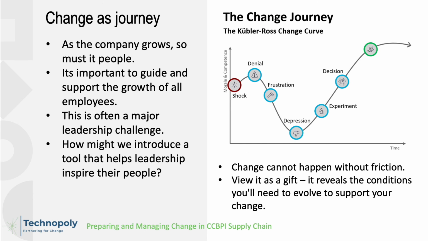Looking at the Kubler-Ross change curve, all changes go through a dip, as you all know. When you try to pursue a personal goal of even, say, reducing your weight, there will always be a point where you want to give up. All change is the same. Everything starts with a denial, going into some sort of frustration before being able to overcome it.